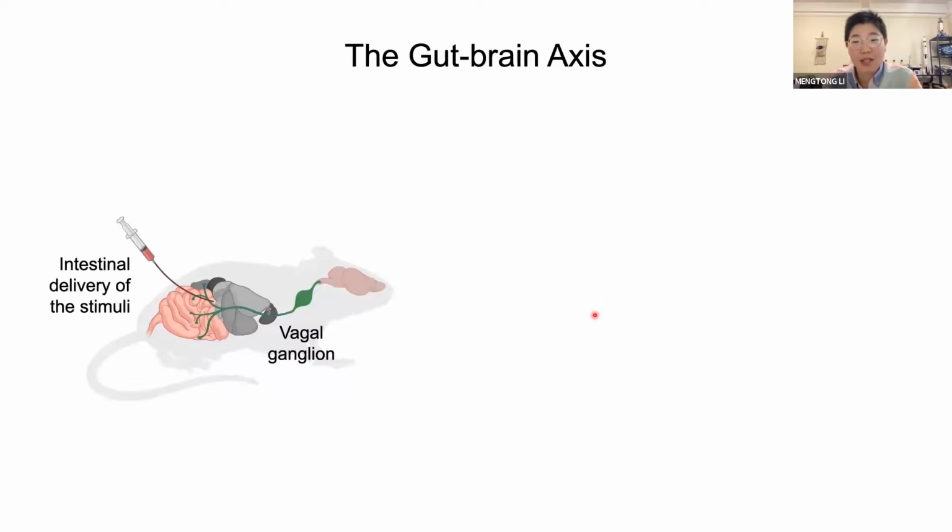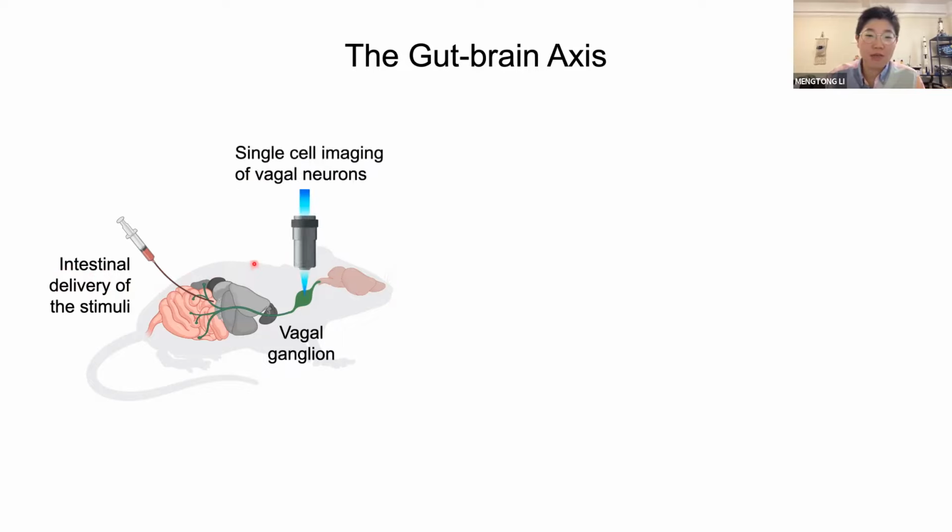If this fat detection and preference is mediated via the gut-brain axis, it should be possible to monitor the activity of the whole circuit by imaging the response of vagal neurons while delivering different stimuli in the gut. So we implemented this in vivo vagal ganglia imaging platform.